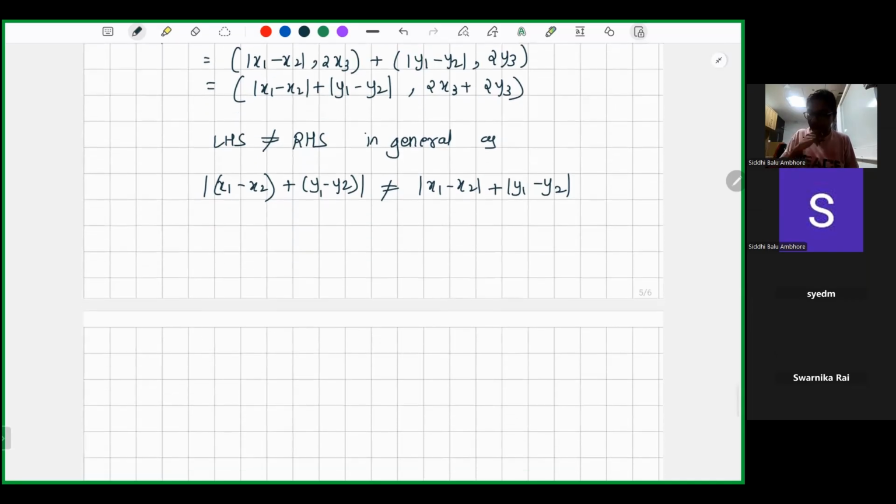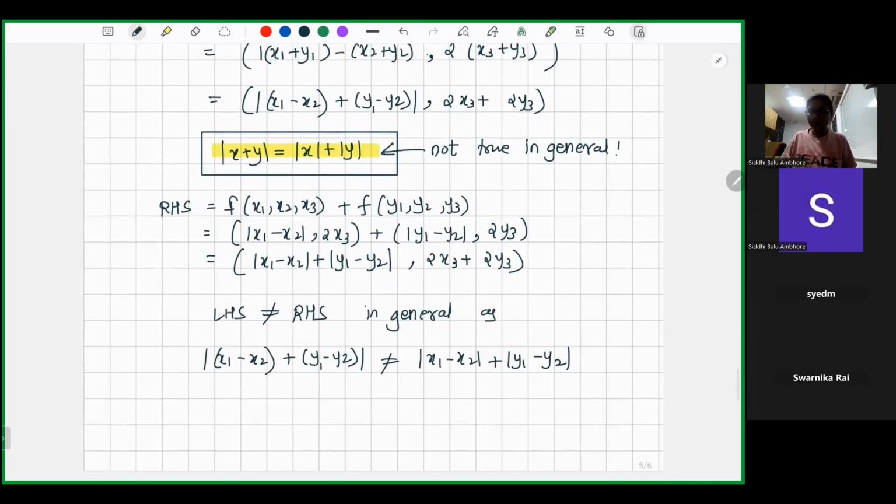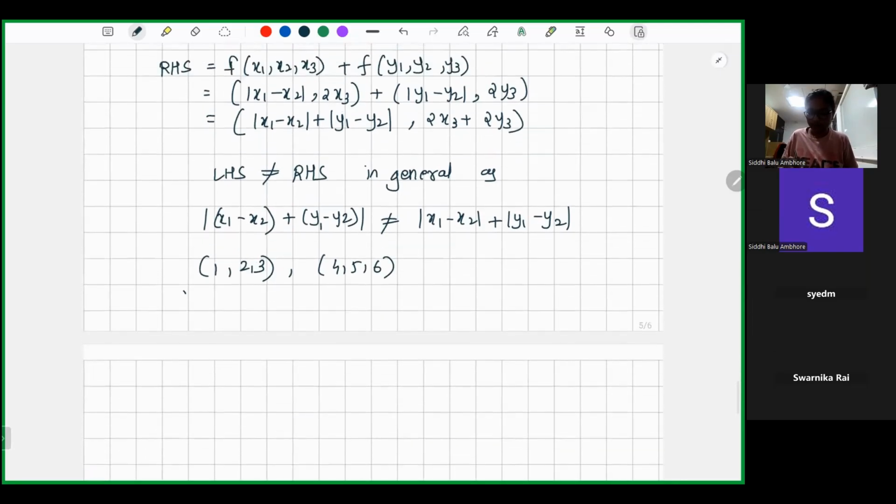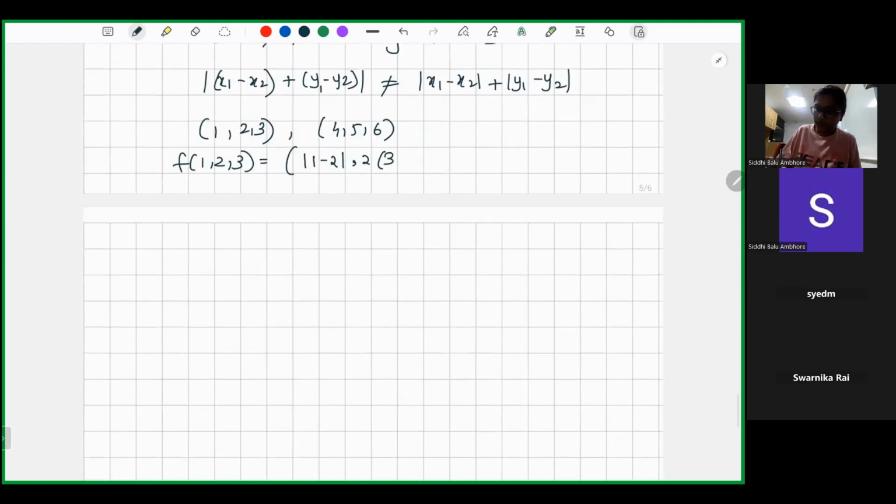Secondly, for the second condition, for example, if we take x1, x2, x3 as 1, 2, 3 and 4, 5, 6, then f of 1, 2, 3 is mod of 1 minus 2, comma 2 into 3, that is 1, comma 6.